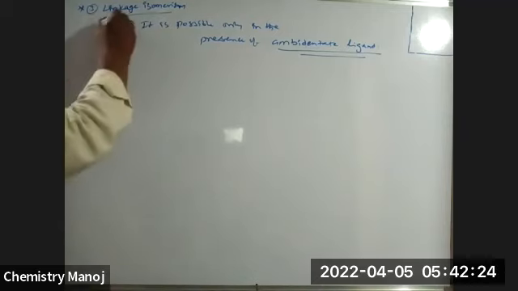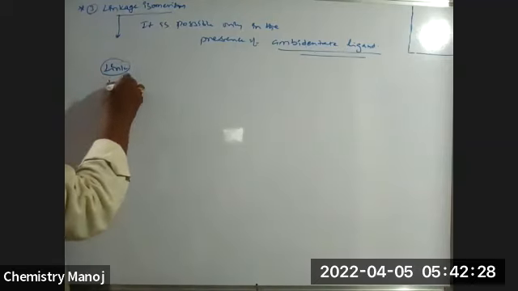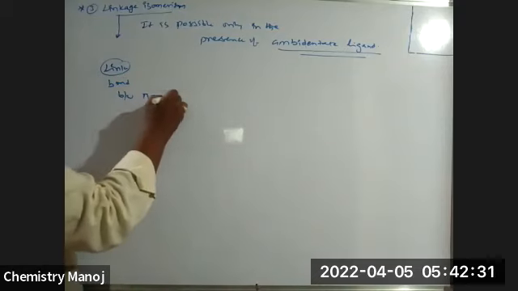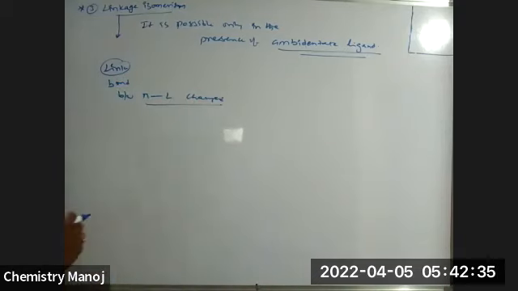So in this linkage isomerism, link nothing but bond between metal and ligand changed. That's why this isomerism is called as linkage isomerism.